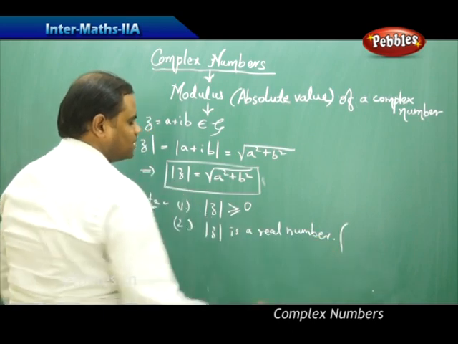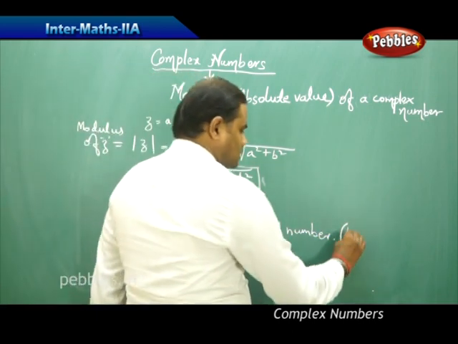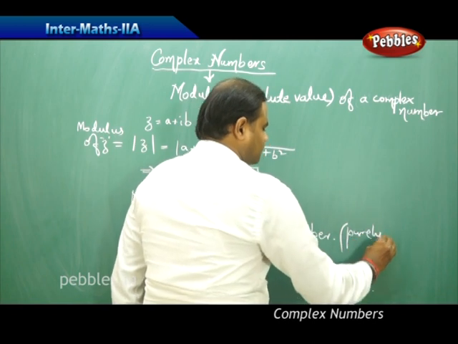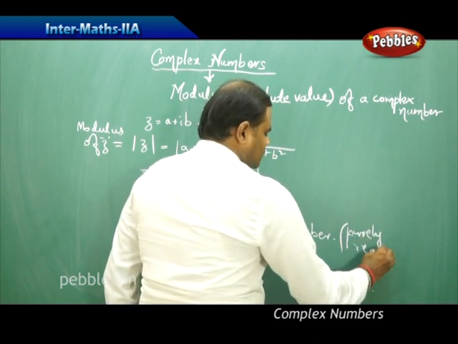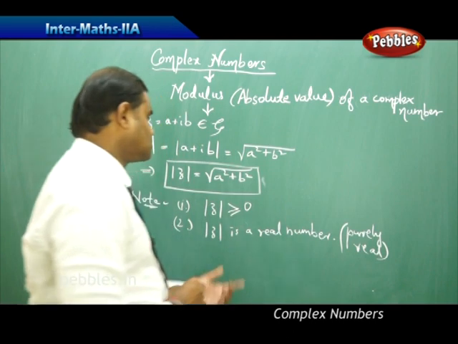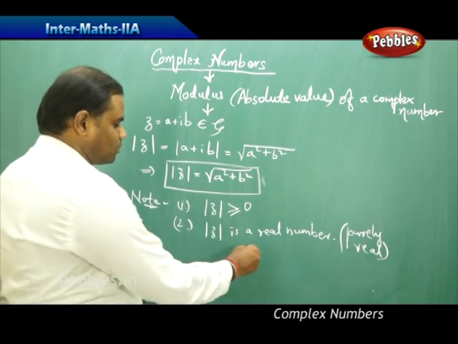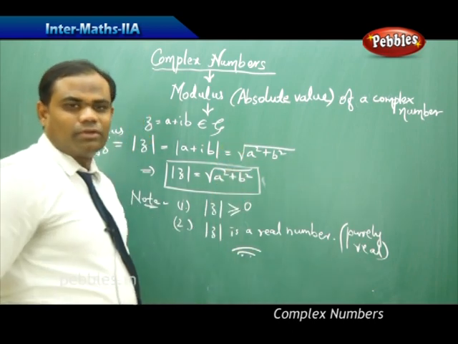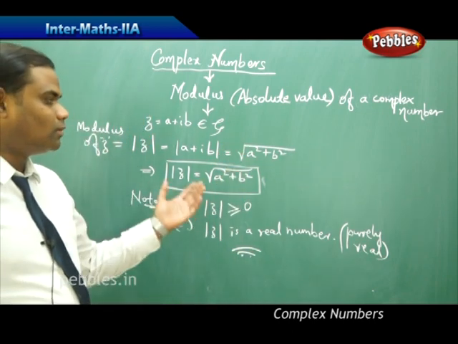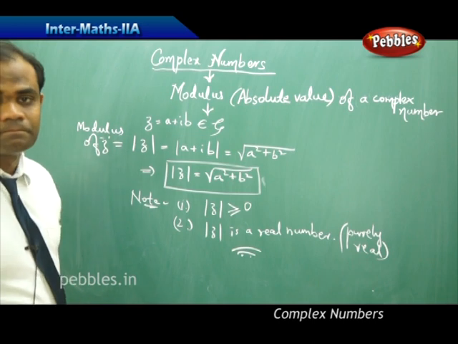That is, this cannot be imaginary, but this is purely real. There is no imaginary part attached because there is no a plus ib out here. This is how we understand the properties of modulus or absolute value of a given number.